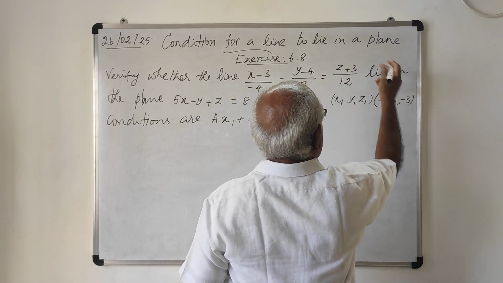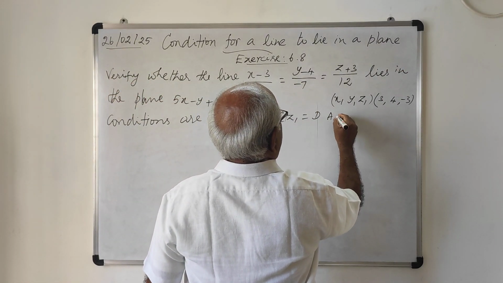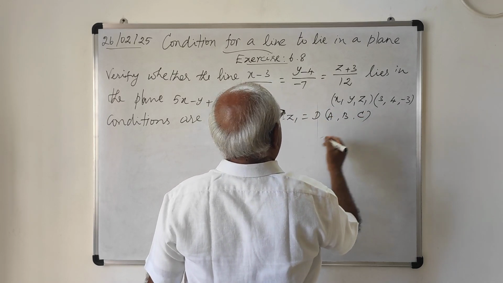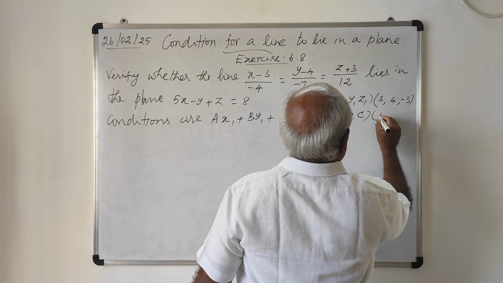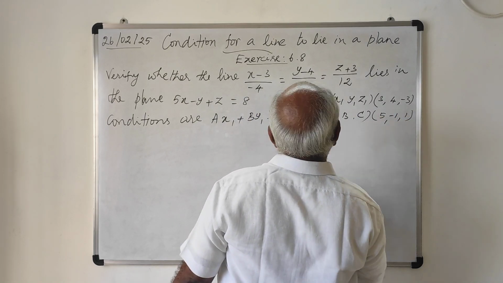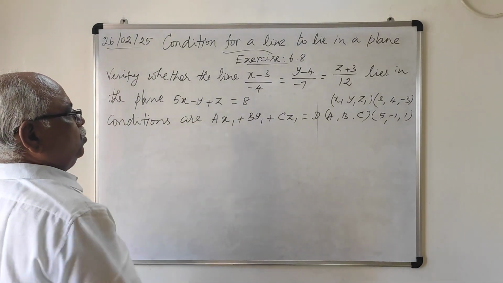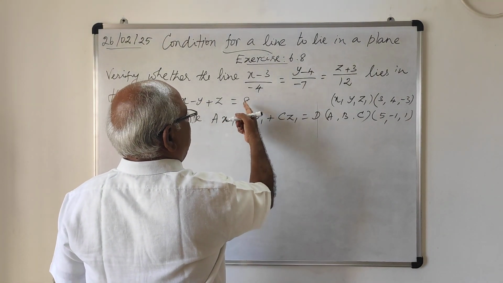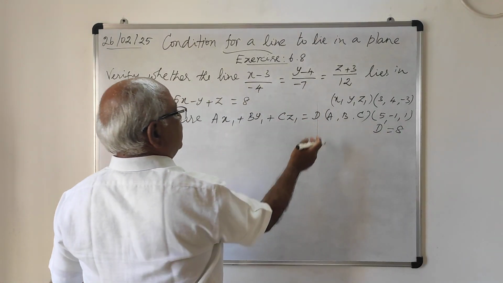This is the point x1, y1, z1. The coefficients capital A, capital B, capital C in the plane are 5, minus 1, 1, and d equal to 8.